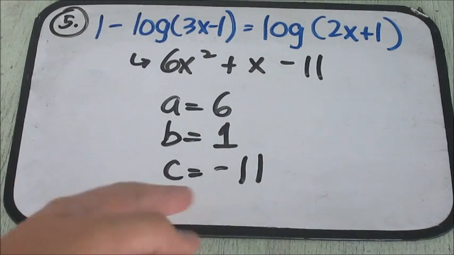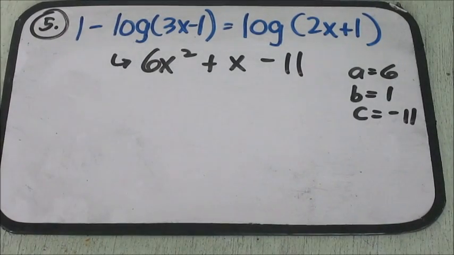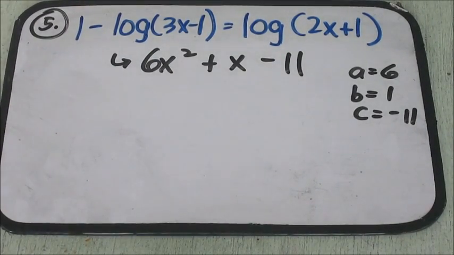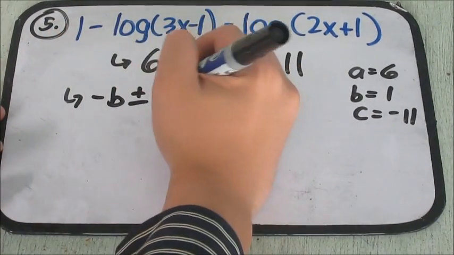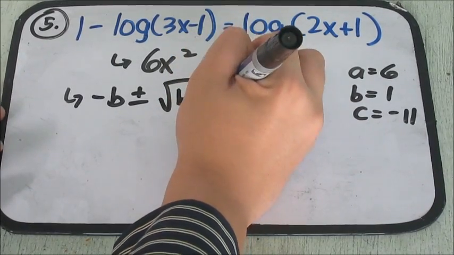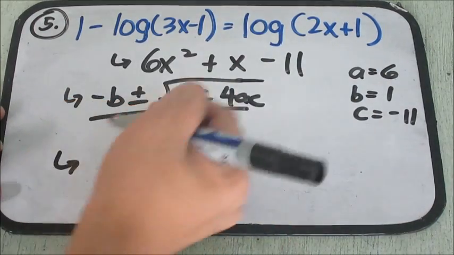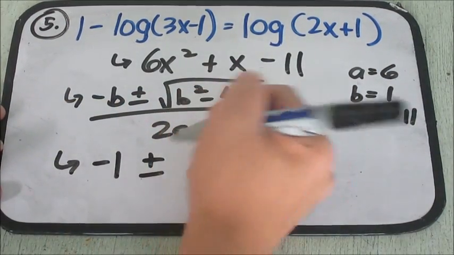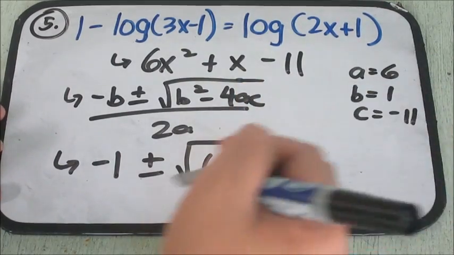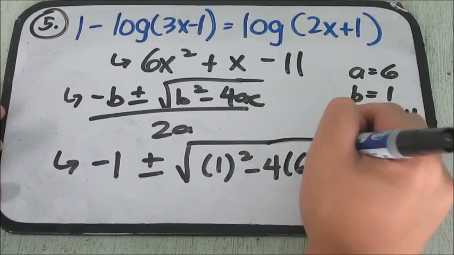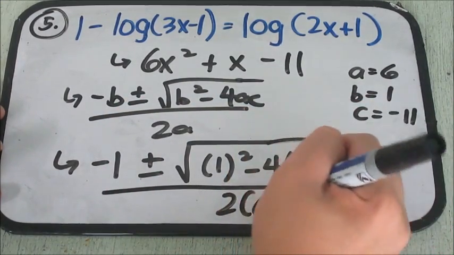So now we can already substitute it to the quadratic formula. Since we already know the values of a, b, and c, then we will substitute it to the quadratic formula. It's negative b plus minus square root of b squared minus 4ac over 2a. So substitute negative 1 plus minus square root of 1 squared minus 4 times 6 times negative 11 all over 2 times 6.